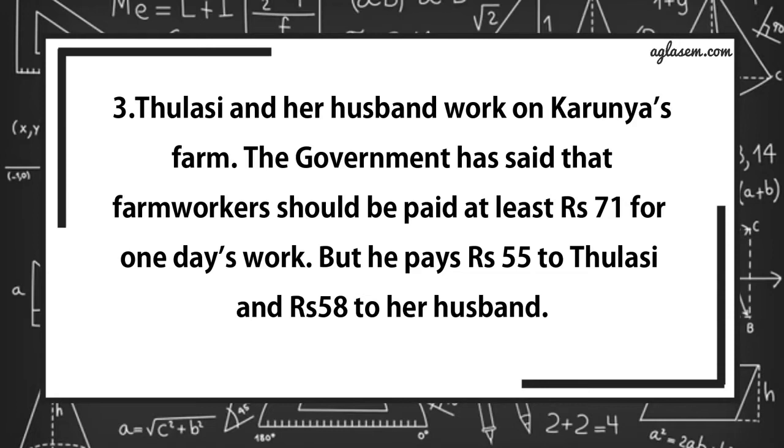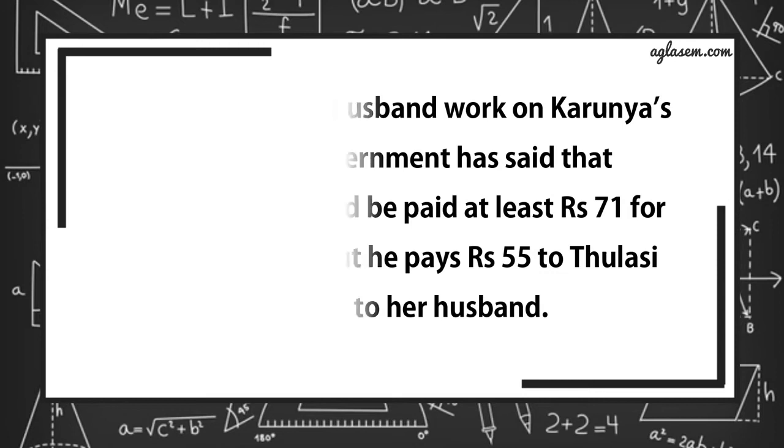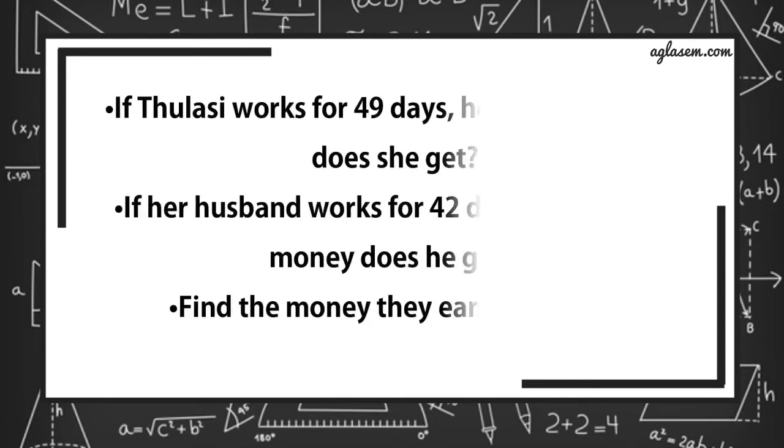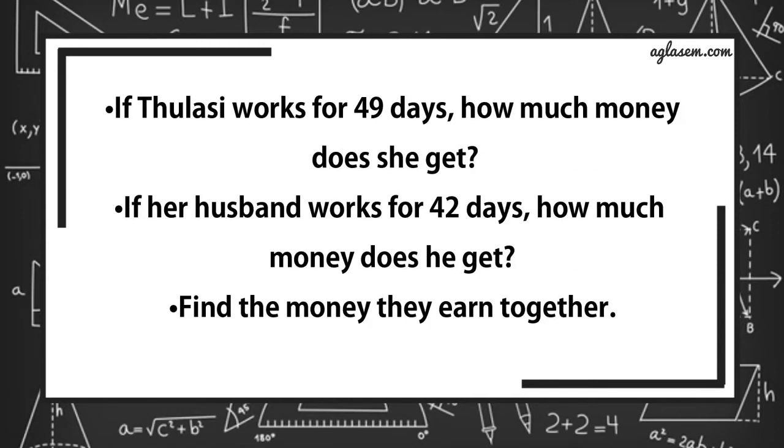But he pays rupees 55 to Tulsi and rupees 58 to her husband. First, if Tulsi works for 49 days, how much money does she get? Second, if her husband works for 42 days, how much money does he get? Third, find the money they earn together.